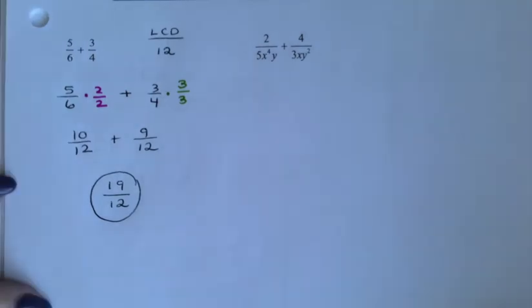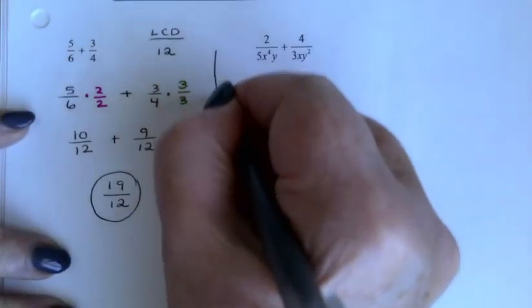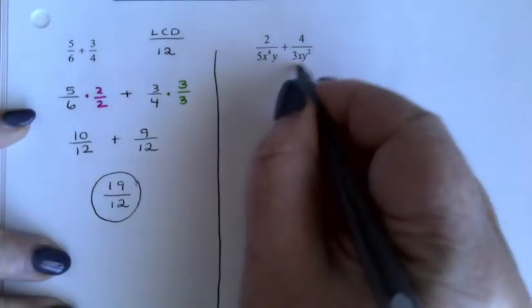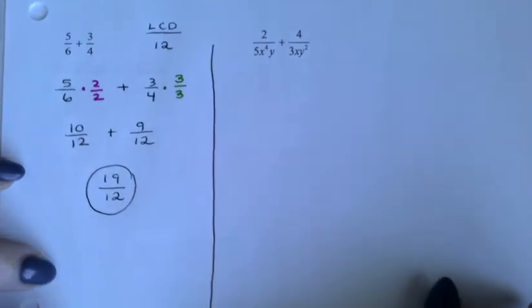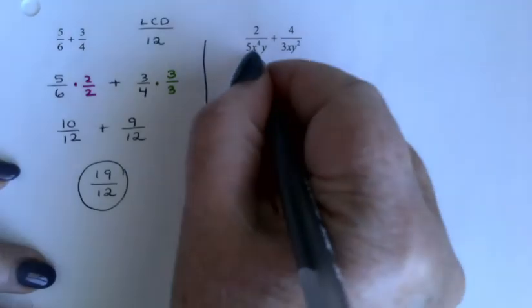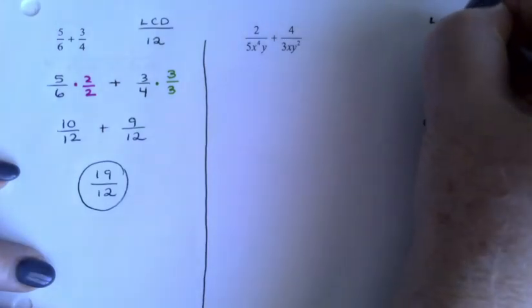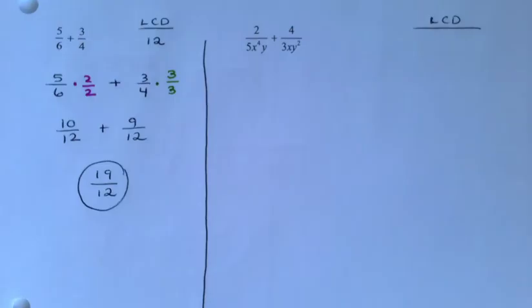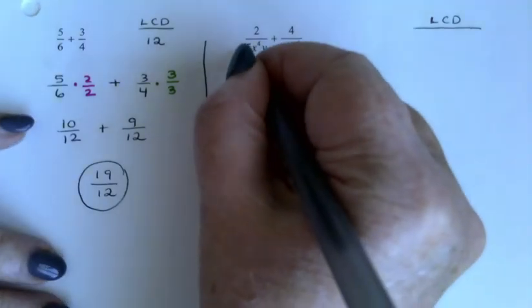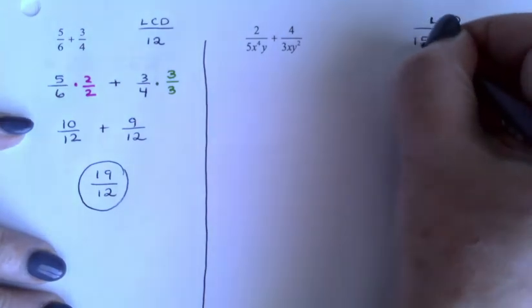All right, well, let's look at a problem over here now that's got some variables in it. So it's an algebraic fraction. I'm looking at my denominators, and just like before, the first thing I need to do is figure out what the lowest common denominator, or LCD, is going to look like. For 5 and 3, it's definitely going to be 15.